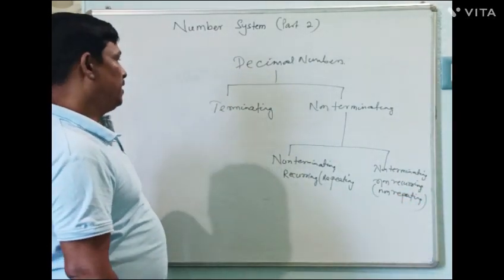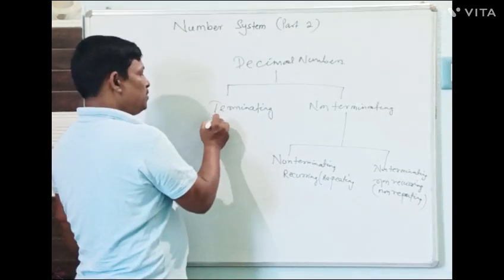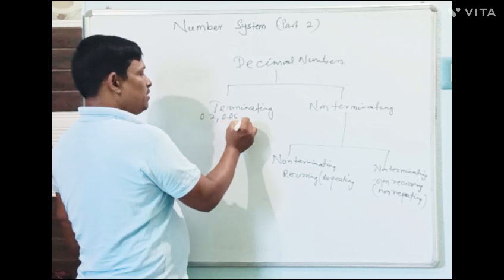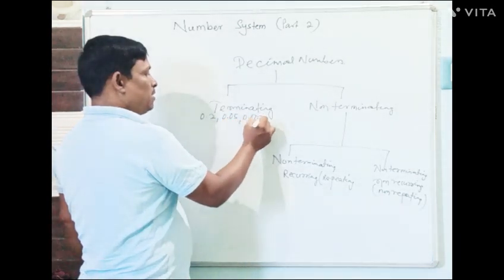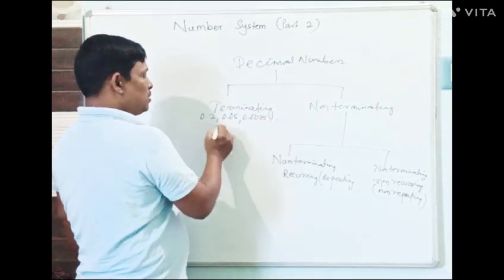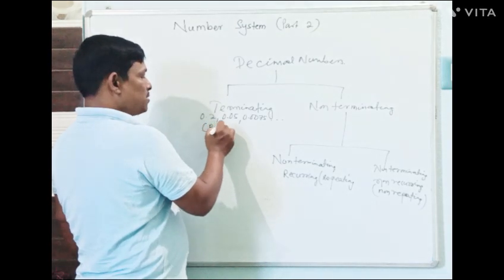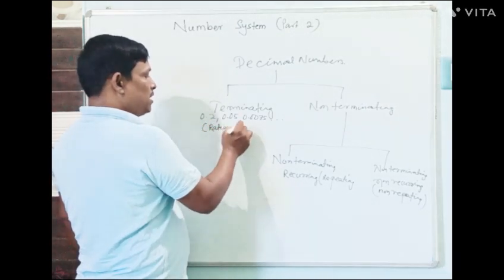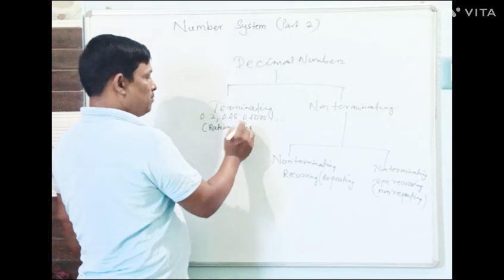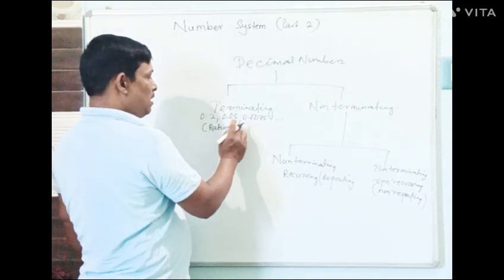Terminating examples are 0.2, 0.05, 0.0075, and so on. These are rational numbers because we can convert them into p by q form.